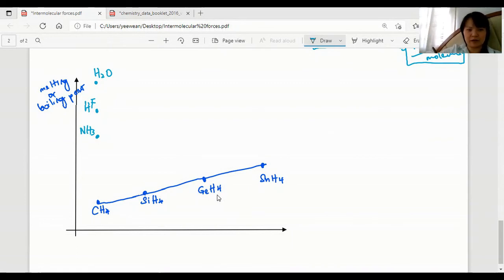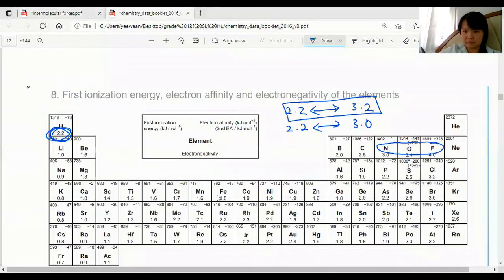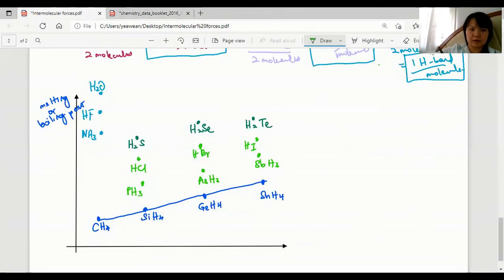Okay, what about the others in the same group? In the same group as nitrogen, we have NH3. So I'll draw PH3, AsH3, and SbH3. You'll find that the boiling points increase going down the group, except for ammonia, which is an anomaly because of the hydrogen bond.